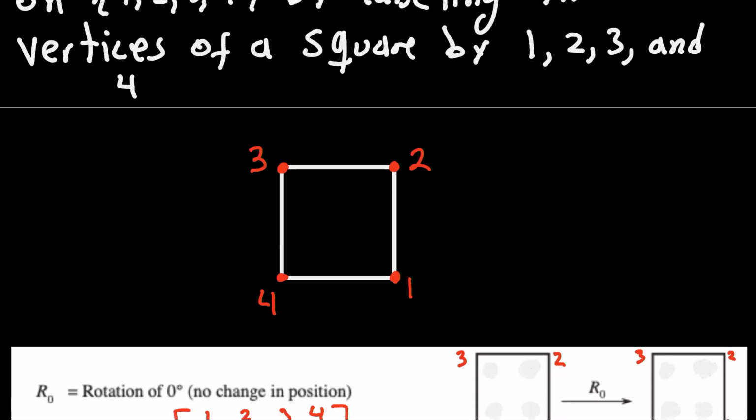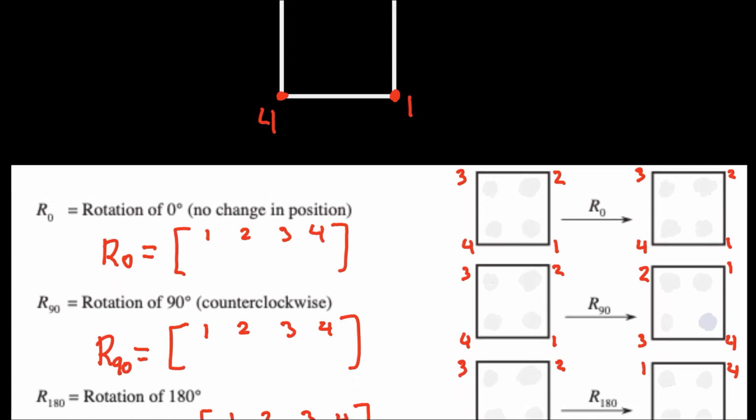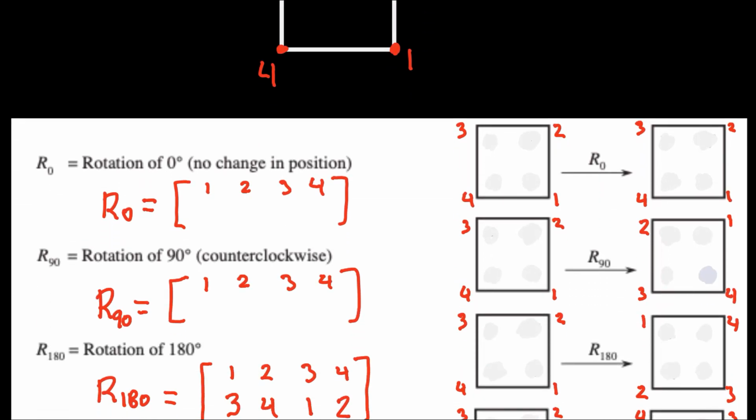Now let's recall the elements of D4. Let's start with the rotation. So rotation of 0 degrees, which basically is you take the square and do a rotation of 0 degrees. Basically, you do nothing. If you label the vertices of the square by the numbers 1, 2, 3, 4 in this order, then what's going to happen with number 1? 1 will be fixed, 2 will be fixed, 3 will be fixed, 4 will be fixed.